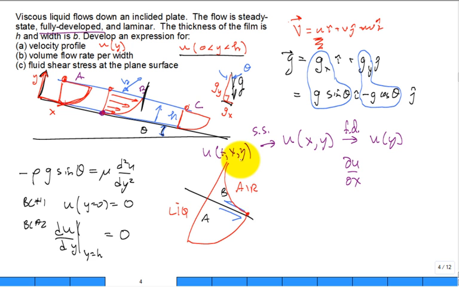And then this exerts a shear stress, so we have the mu of the air times the du dy for the air at H plus, just into the air. And that has to be matched by mu of the liquid times du dy for H minus.